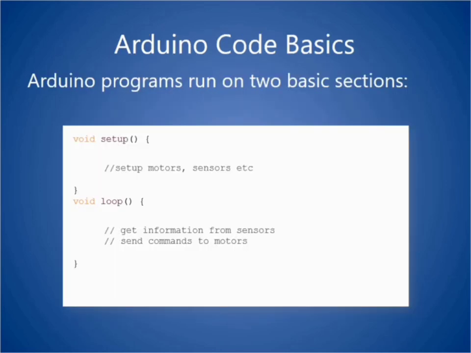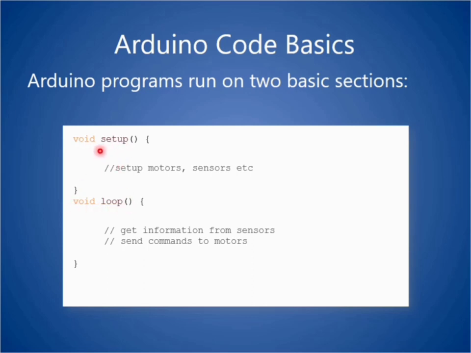So let us see the basics of coding or programming in Arduino. Once we download the Arduino IDE, we can see there will be two basic sections, as you can see on your screen. There will be a void setup function and a void loop function.